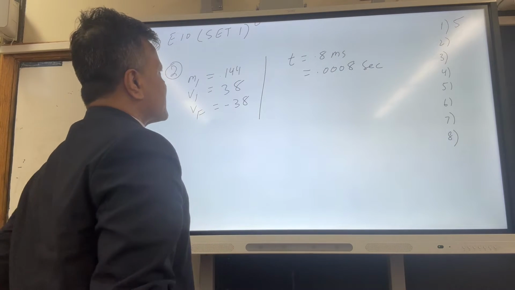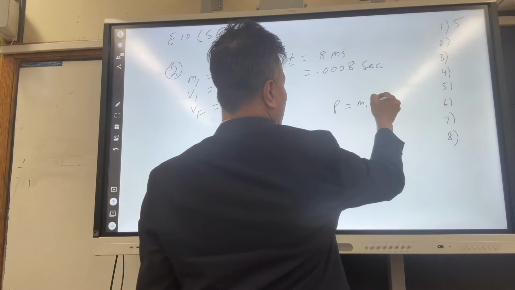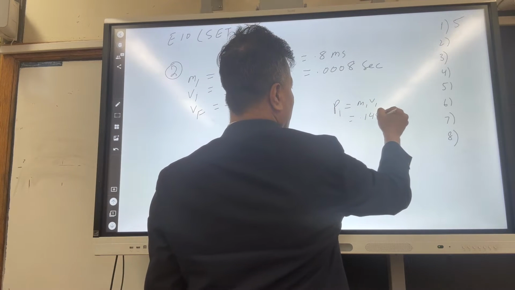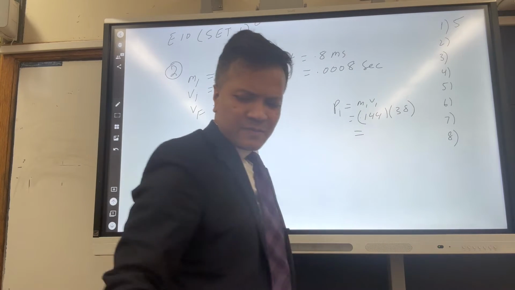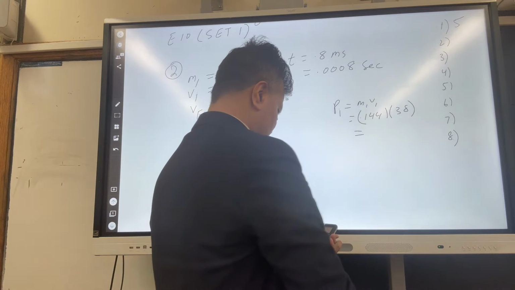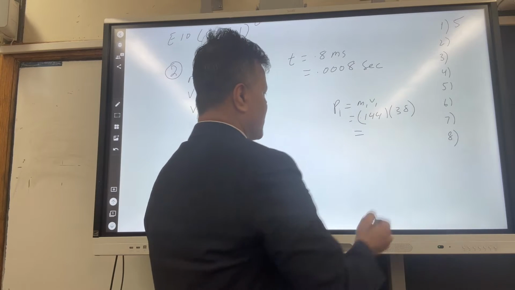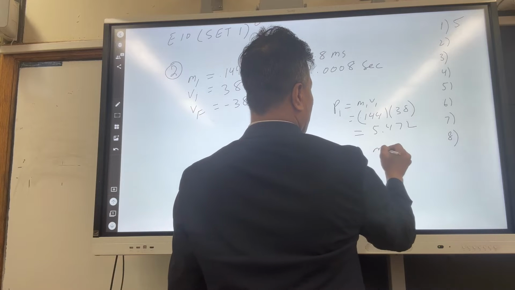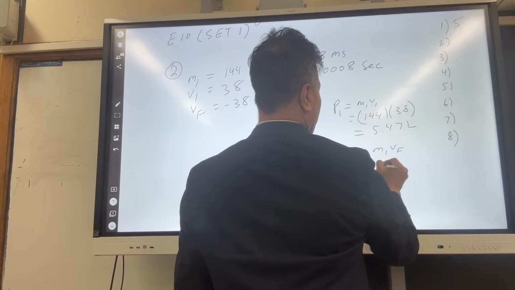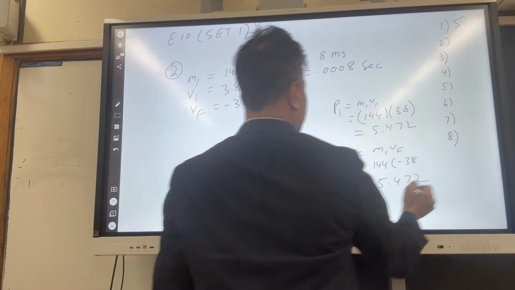What we need to find is momentum initial, which is equal to m1 v1. So 0.144 times 38 is 5.472. Momentum final is equal to m1 v final, 0.144 times negative 38, which is negative 5.472.